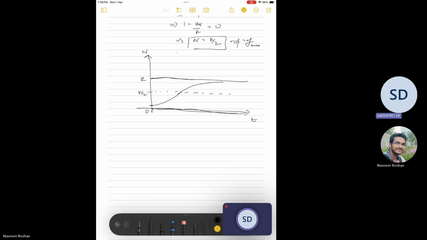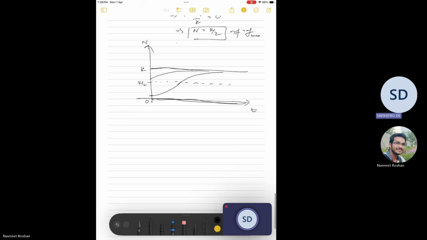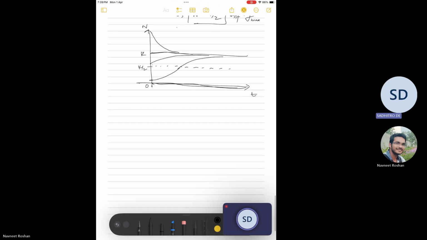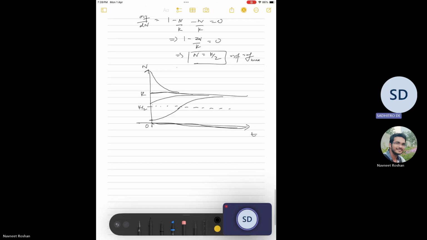Similarly, if you start from some point above k by 2, the growth rate will always be decreasing like this as it approaches this carrying capacity. And from the top, it will always go like this and approach the carrying capacity. Okay, so this basically gives us very useful insights into the logistic model and tells us how the population can grow for a given initial value of the total population.